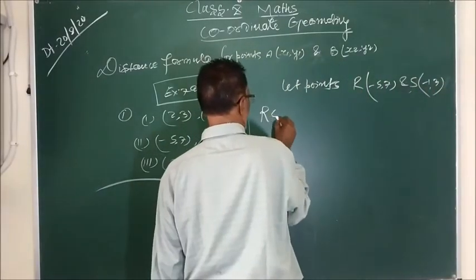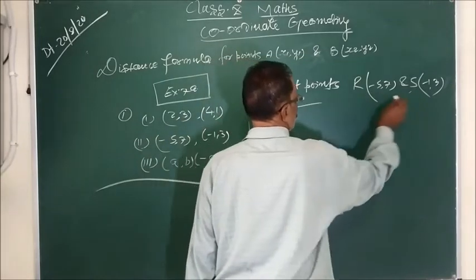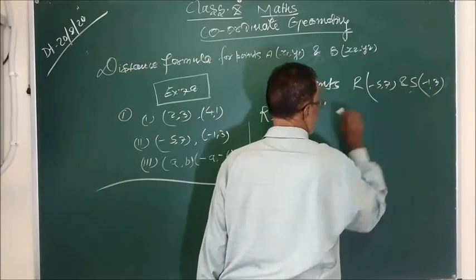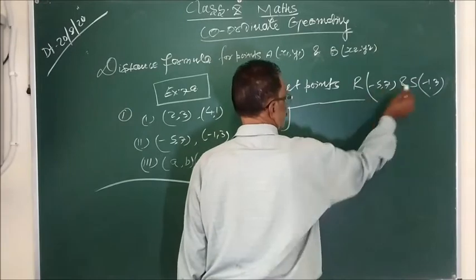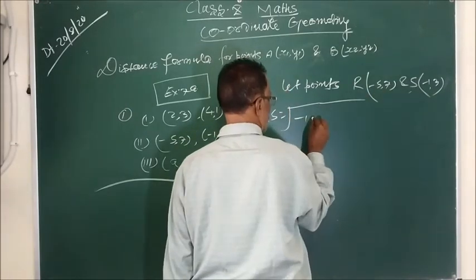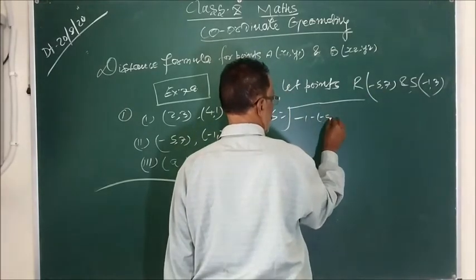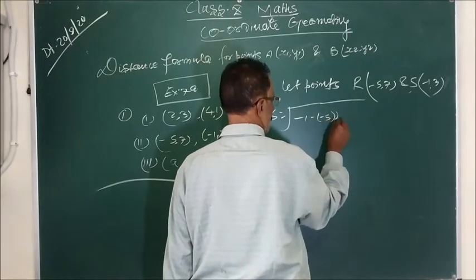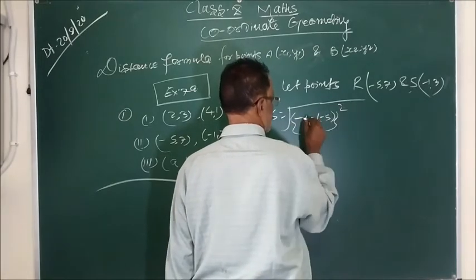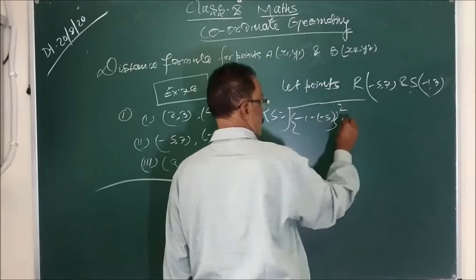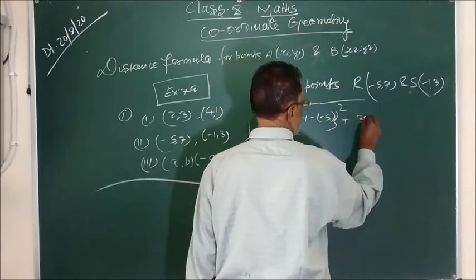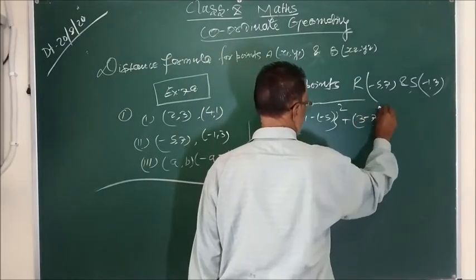Now you have to find RS. So this minus this or this minus this. So x2 minus x1, -1 minus -5 whole square, plus y2 minus y1, 3 minus 7 whole square.